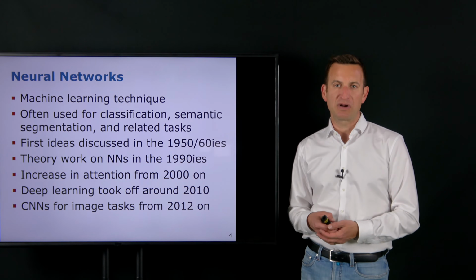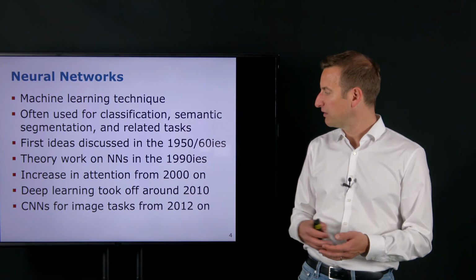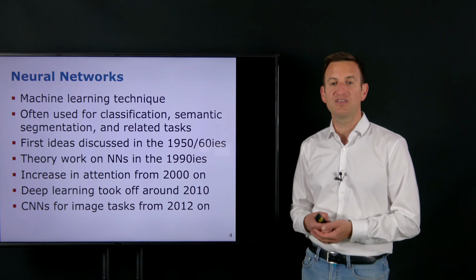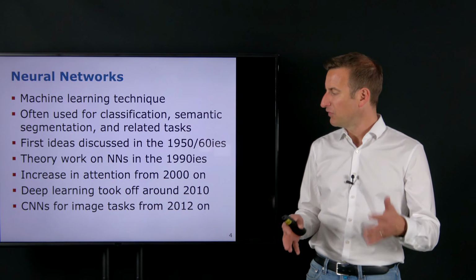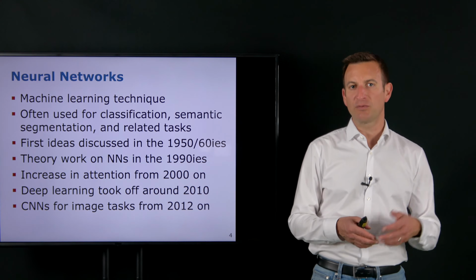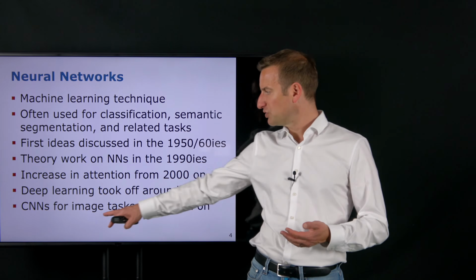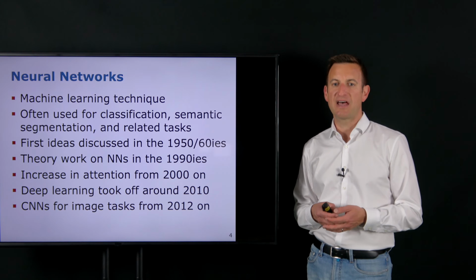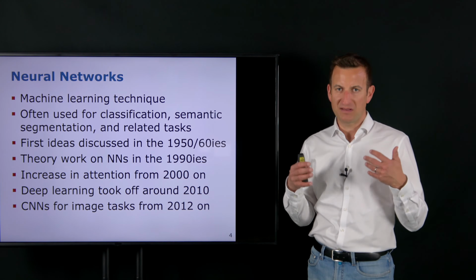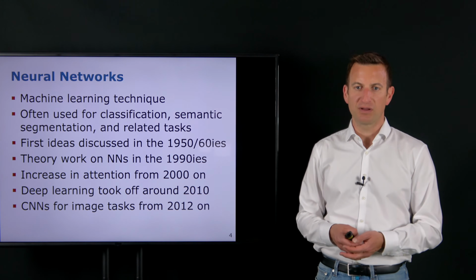Then more theoretical work was done in the 1990s, and at the beginning of 2000 there was an increased interest in neural networks, and then there were certain developments which were able to solve certain tasks really well, especially convolutional neural networks for image interpretation tasks, and this has made these neural networks, especially deep learning techniques, very, very popular.